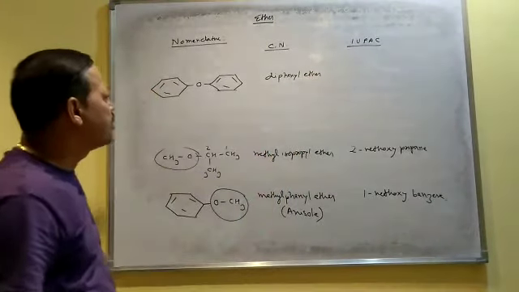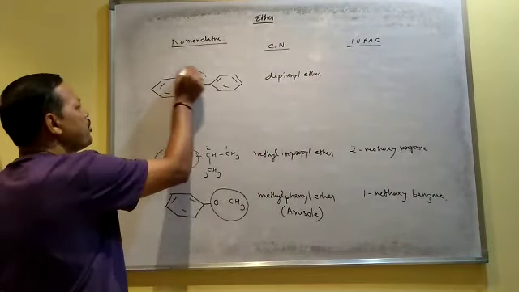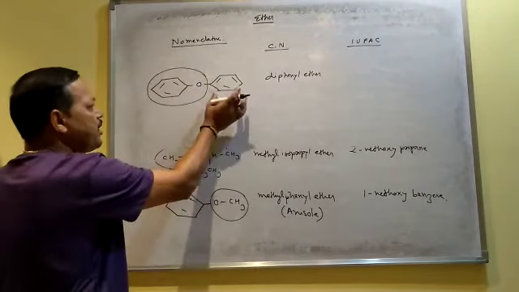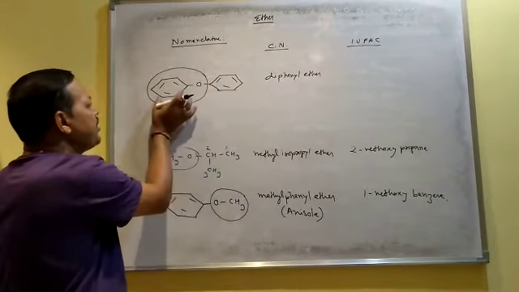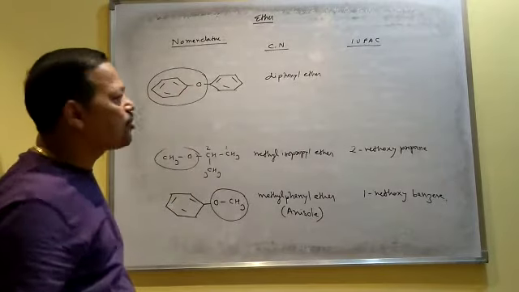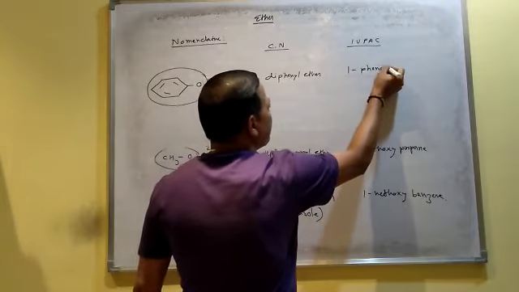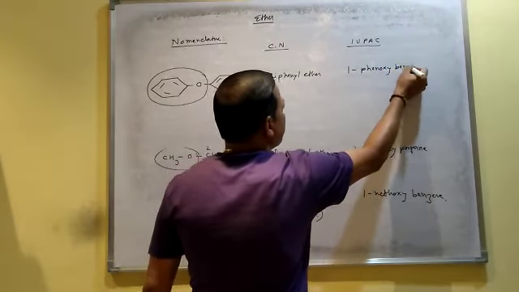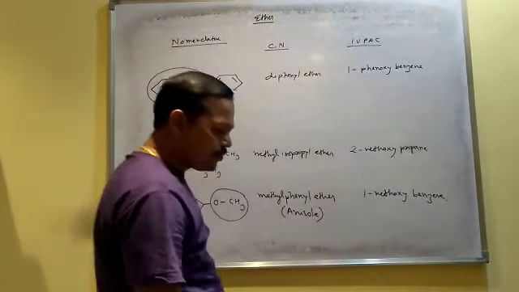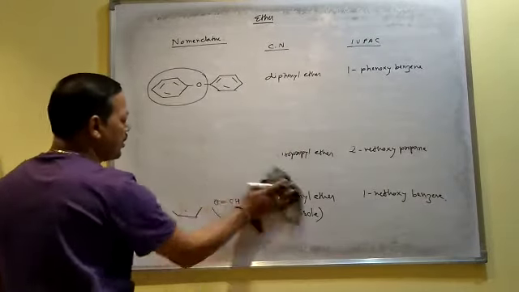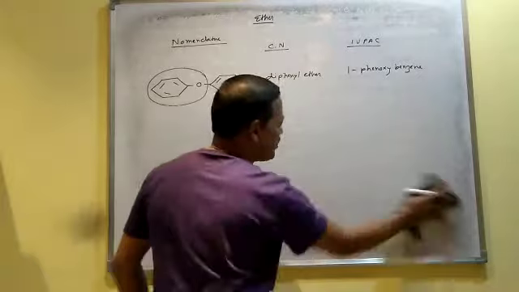Here one group you have to consider as branching, another you have to consider in the main chain. So this is called benzene, and the phenyl group combined with oxygen is called phenoxy. So it is 1-phenoxybenzene. So in this way you can write the names of ethers.